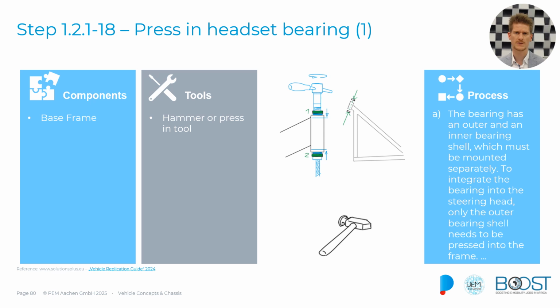If you have the right dimensions, you might use a hammer to just insert the bearing parts. Usually you would need to have a press, as we can see here, and we have one part from above and the one part from below, which we would then insert. And by the way, only the outer bearing shell needs to be pressed into the frame, not the inner one.